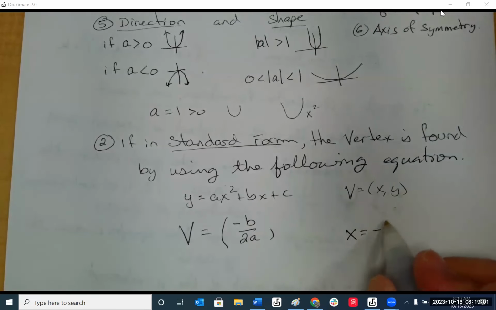That's why you label a, b, and c to begin with. Once you find that value, plug it inside the original equation. So the y value is whatever that x is, you plug it back into the original equation, and there's your vertex.